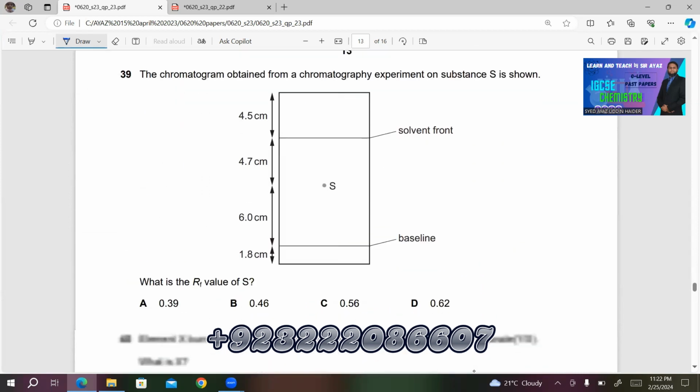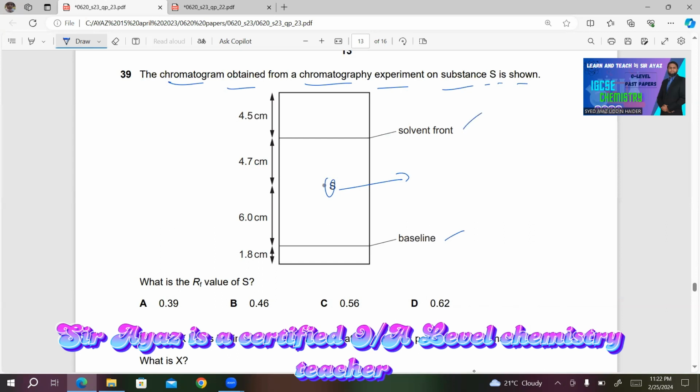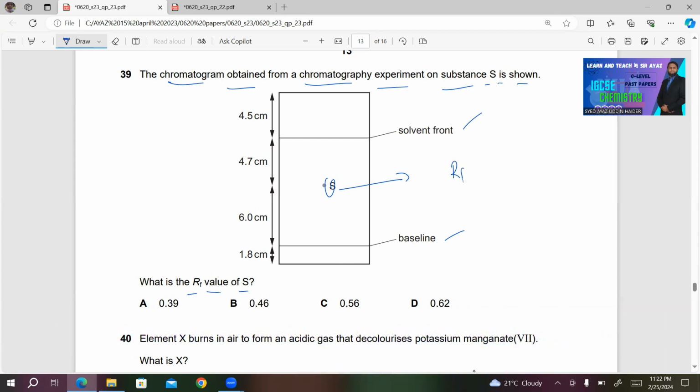Number 39, the chromatogram obtained from a chromatography experiment on substance S is shown. This is substance S. It's a baseline and this is solvent front. What is the RF value of S? Now, in order to get the RF value, distance traveled by S must be divided by distance traveled by the solvent.